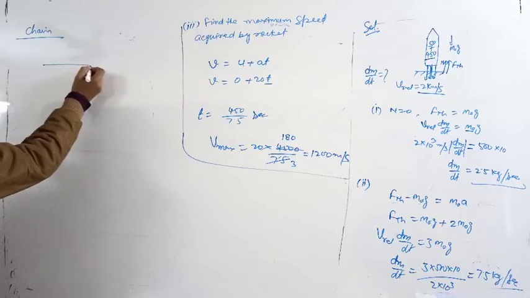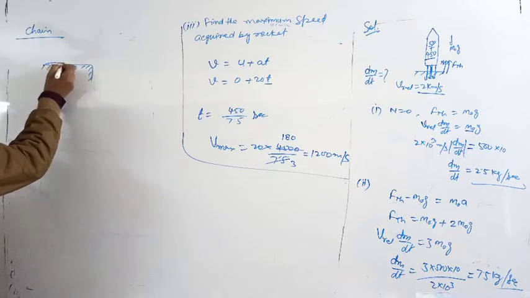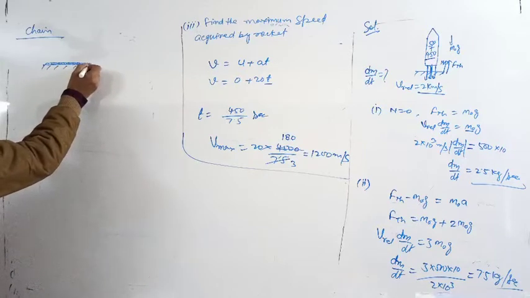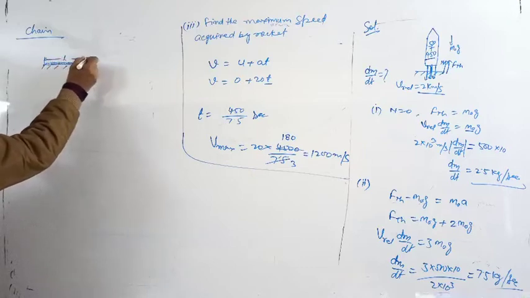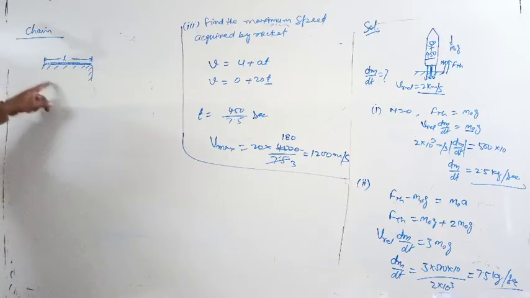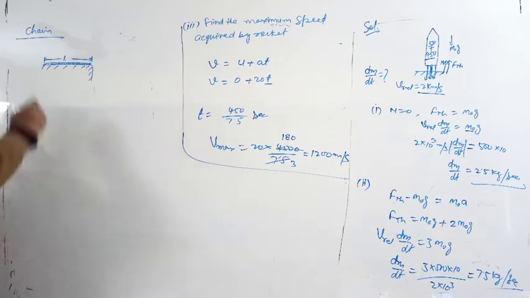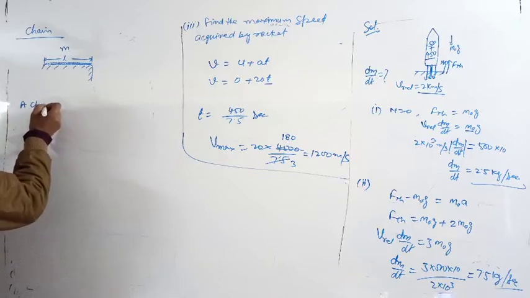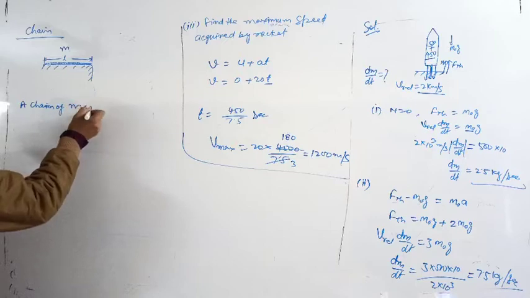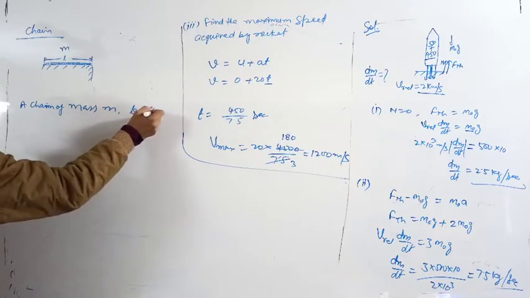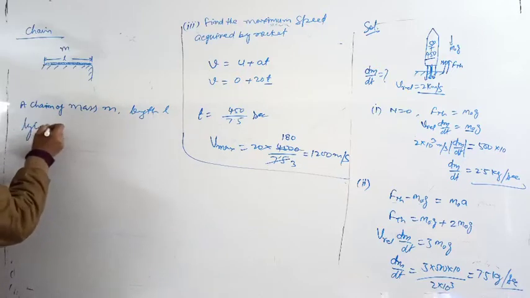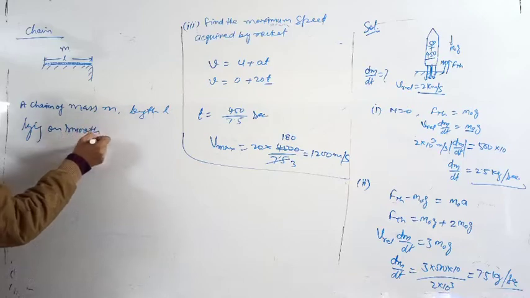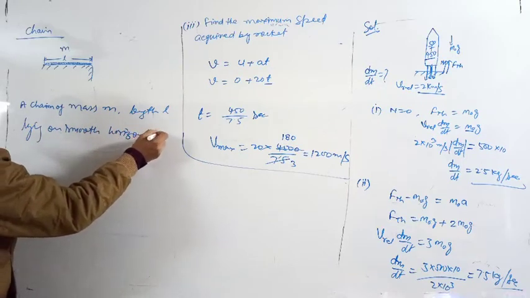We can say like this: a chain of length L and mass M, lying on a smooth horizontal table.